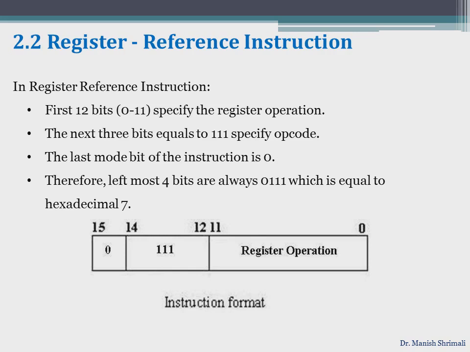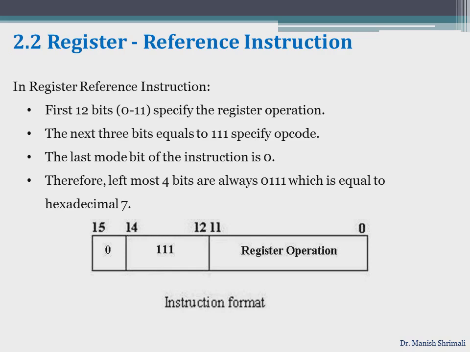The last mode bit of the instruction in a register reference instruction is reserved and it is 0. So we come to the conclusion that the leftmost 4 bits are always 0, 1, 1, 1, and this is equal to hexadecimal 7 in case of register reference instruction.